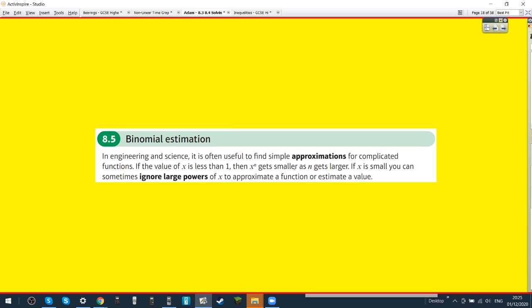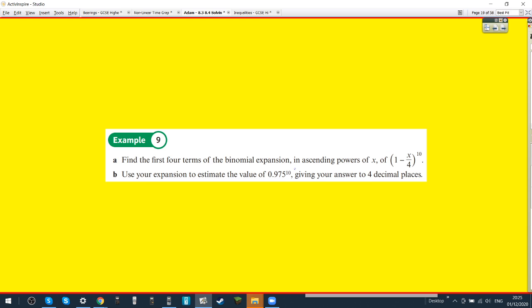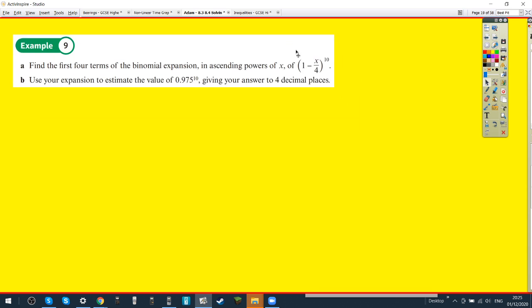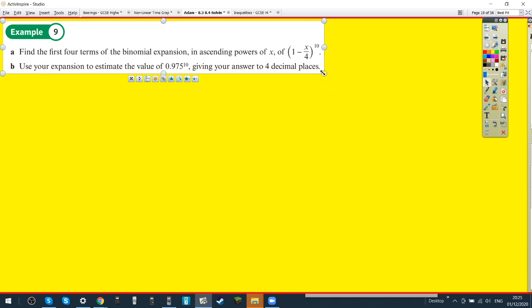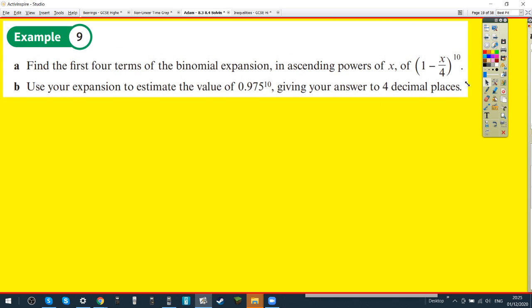Yeah. Okay, binomial estimation. Simple approximations for complicated functions. If the value of x is less than 1, then you can ignore larger powers. Okay, let's try this. So we need the first 4 terms.